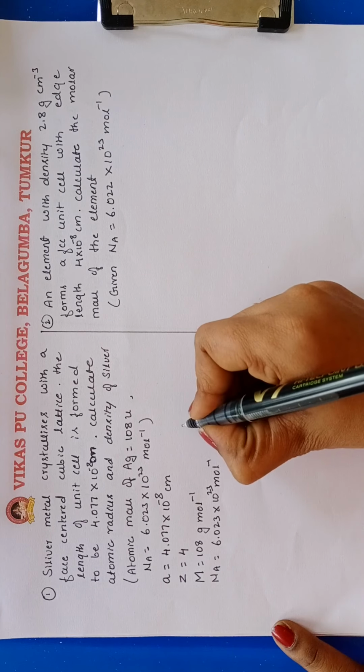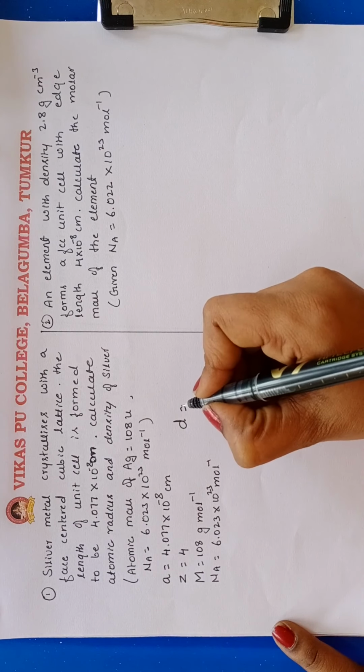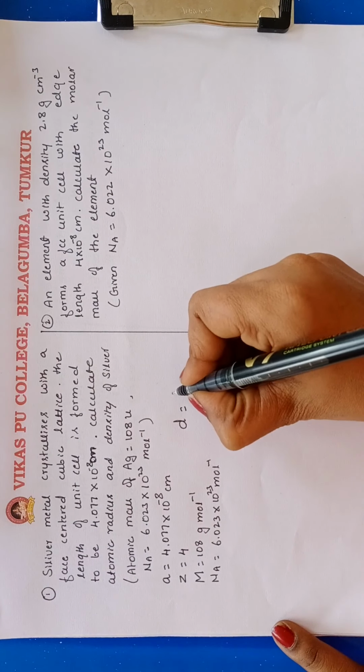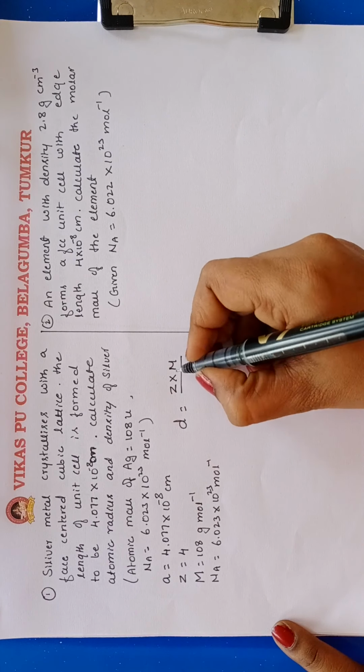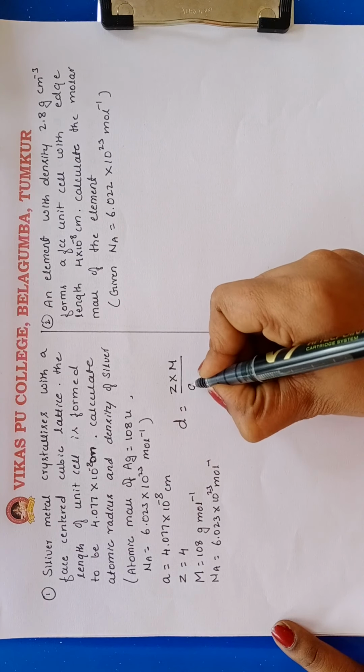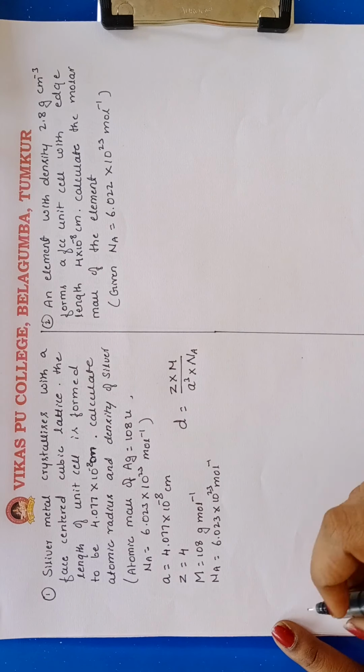Now the formula we are going to use is D = Z × M divided by A cube × Na, Avogadro's constant.